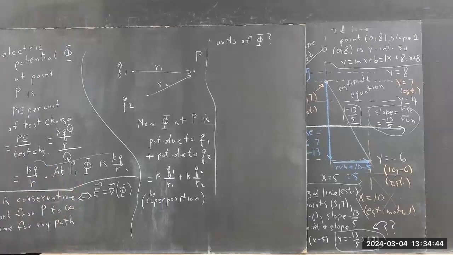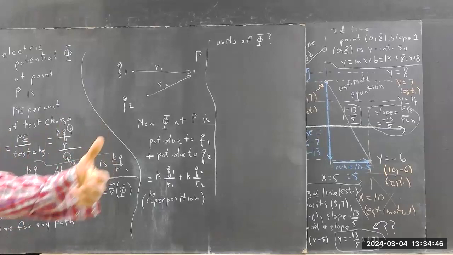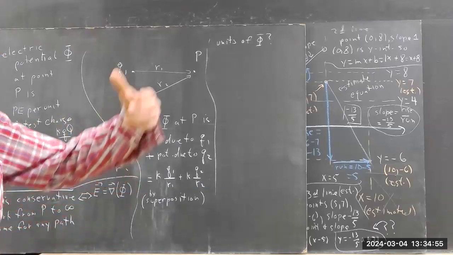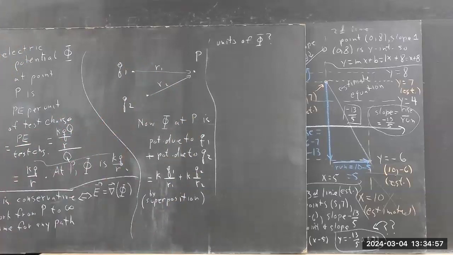So it would have units of newtons times meters, right? And of course, that's joules, or kilogram meters squared per second squared. So this is in joules. What's the test charge?